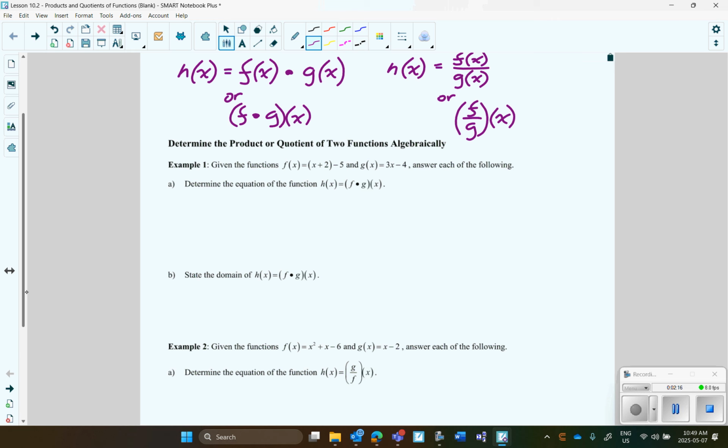So we've got two functions, f is x plus 2 and then minus 5, and g is 3x minus 4, and we're asked to multiply the two of them together. So all that means is, and remember, we're going to plug them in parentheses.